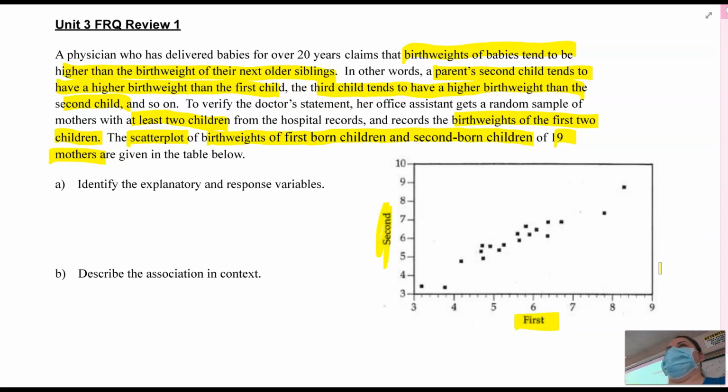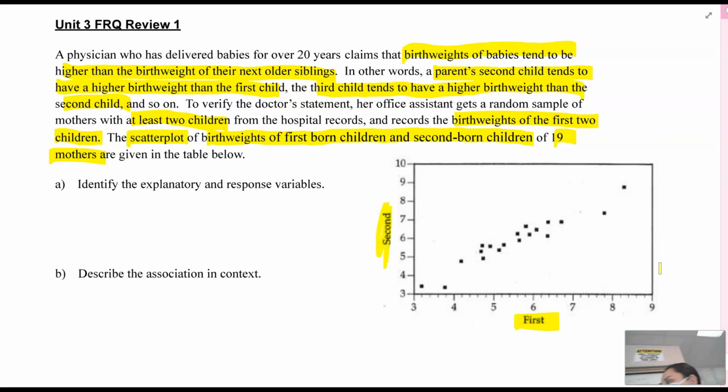It's like your X, whatever your X was, and you get a Y. So the first child was 6.1 pounds, then the second child was 6 pounds, and so forth. Does that make sense? Okay.